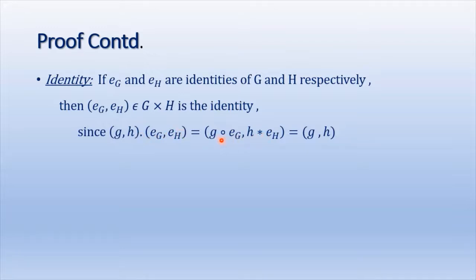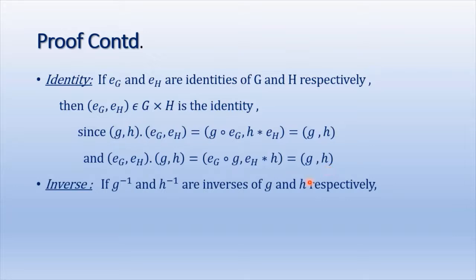But as EG is the identity, G dot EG will be equal to G and H star EH will be equal to H. So this is (G, H). Similarly, when you are operating on the right side also, you get (G, H).